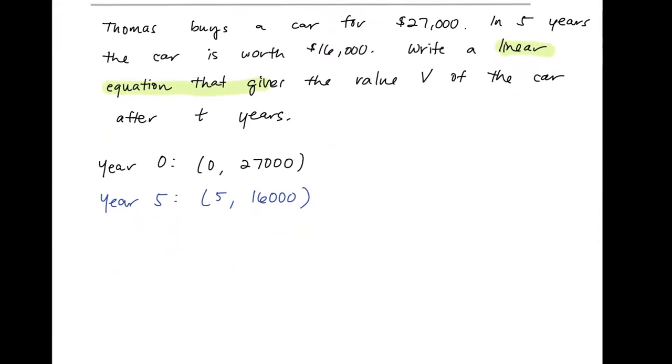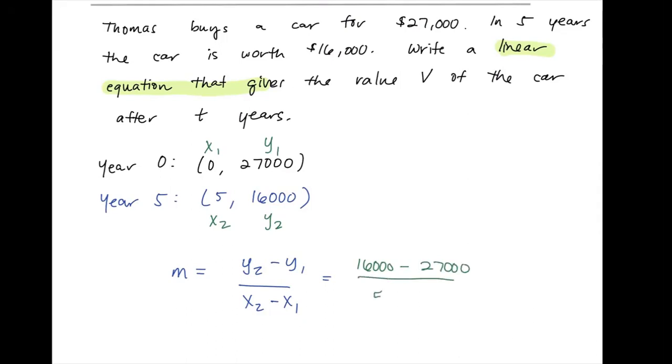So my y2 could be 16,000. If you want me to label it, this would be x2, y2. This could be x1, y1. So 16,000 minus 27,000 all over 5 minus 0. Simplifying, you get negative 11,000 over 5, which is negative 2,200. So this is our slope, okay?